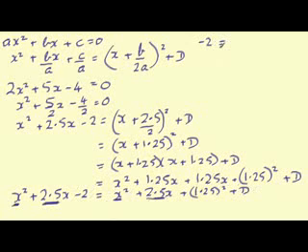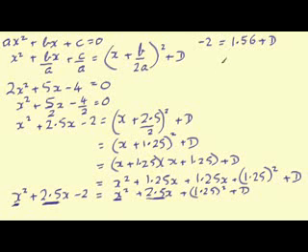So minus 2 is equal to 1.25 squared, which comes to 1.56, plus our d.